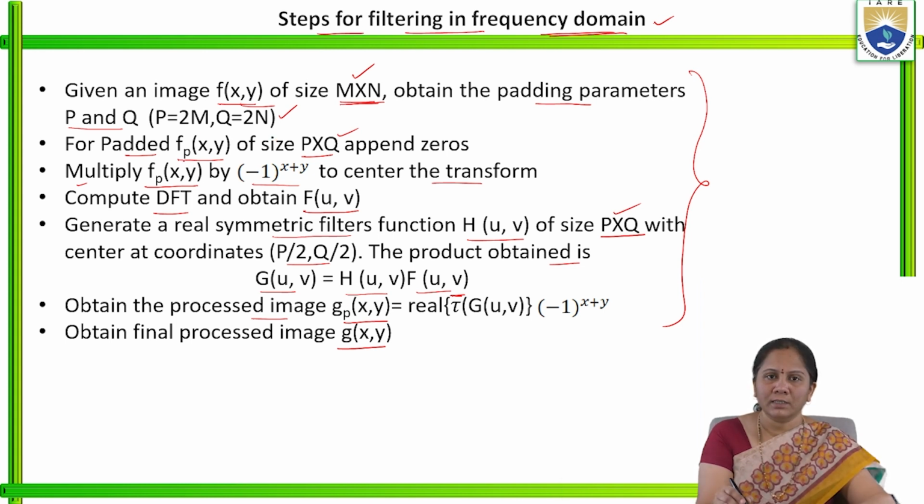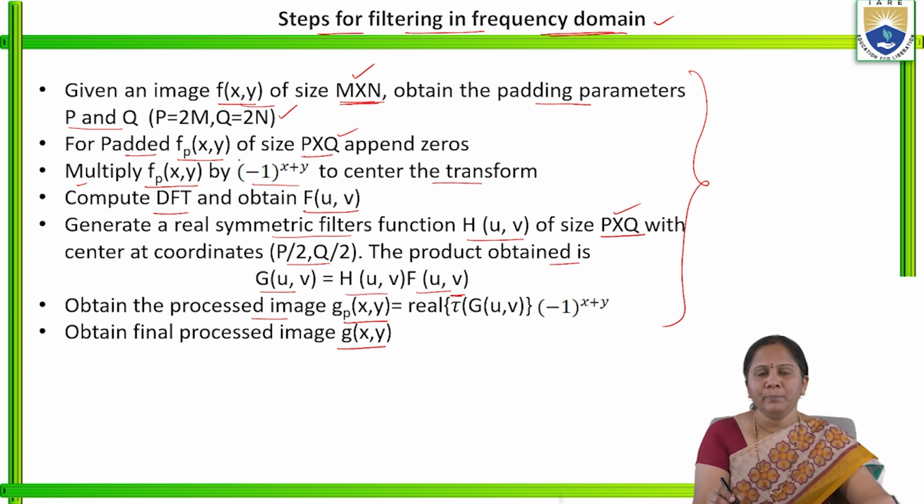We have scaled the image f of x comma y to fp of x comma y, and after scaling, the image size has changed from m by n to p by q. After performing this, we have multiplied with minus 1.